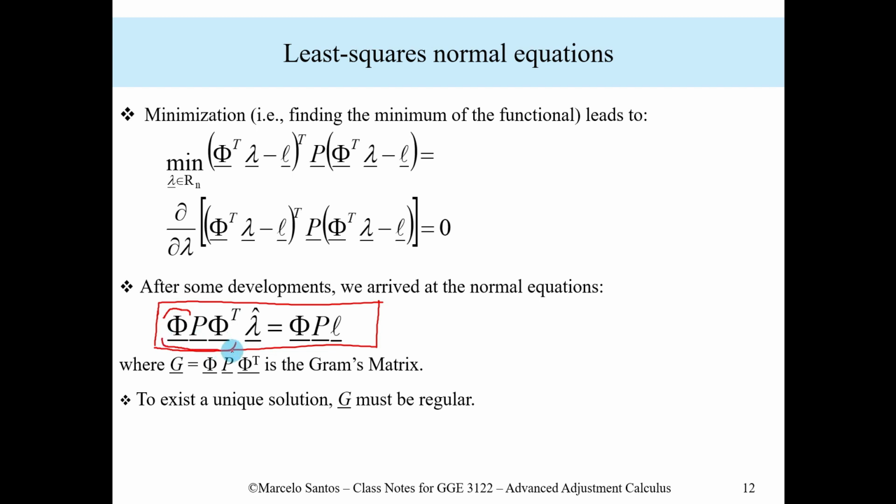The product of phi P phi transpose is known as the Gram matrix. The Gram matrix must be regular if you want to get a solution. We need G to be regular in order to get a solution for lambda, which is going to be G inverse phi P L.